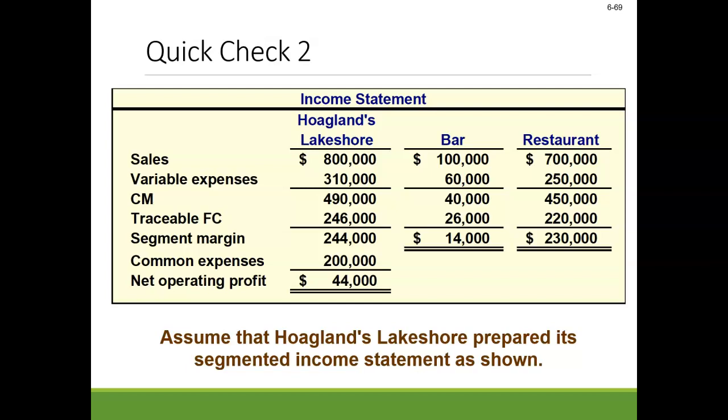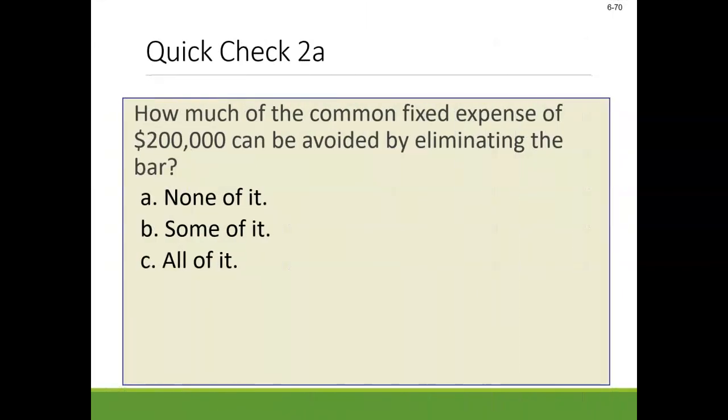Here we've got Hoagland's Lakeshore has a bar segment and has a restaurant segment. So you see here we have it totaled and we have it broken down by the bar and the restaurant. Now, the common costs that were not taken into account are these 200,000 common expenses because they aren't traceable to either one of those divisions.